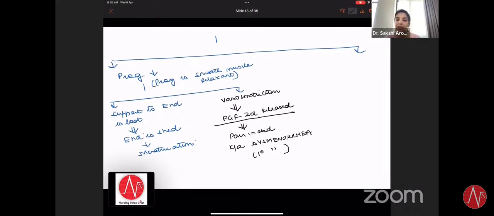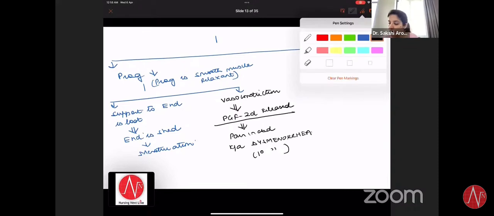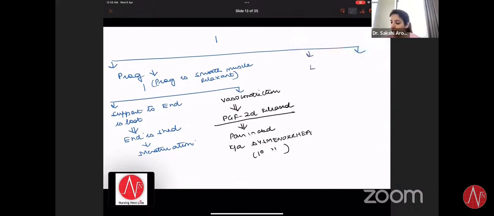Yes? Now, because estrogen and inhibin, they are also decreasing.